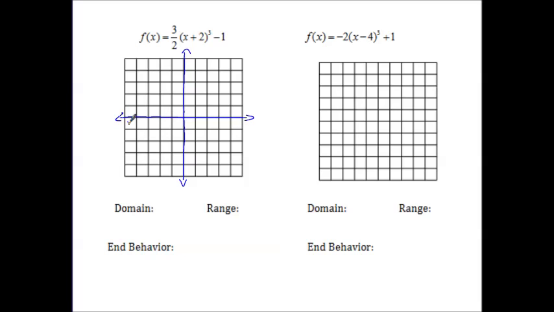We always start with our vertex, and this time the vertex is not at the origin. It is 2 steps shifted to the left and 1 step down. In other words, here is our vertex. And now, again, we only have to look at our dilation. The dilation is 3/2, or 1.5. It's still positive, but instead of going 1 step up, we now go up 1.5 steps.